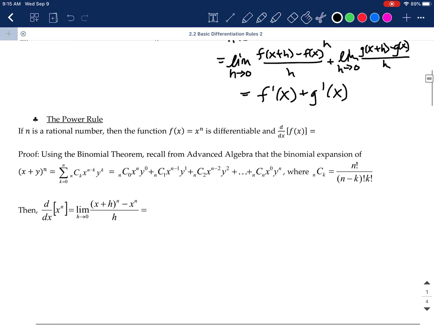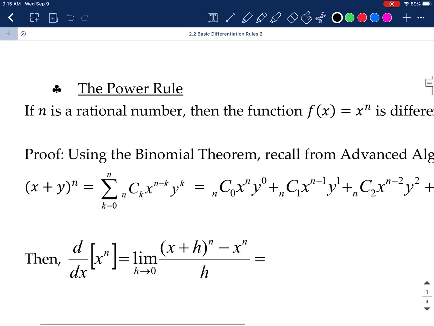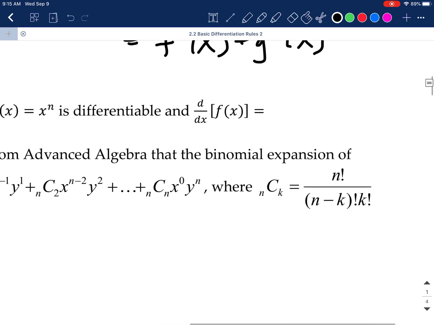So let's go ahead and talk about what's going to be one of your favorite rules, which is the power rule. And actually, probably most of you have seen this before. If n is a rational number, then the function f of x equals x to the n is differentiable. So every polynomial and root function is differentiable on its domain, and the derivative with respect to x of f of x, where our function was x to the n, is equal to n times x to the n minus 1.